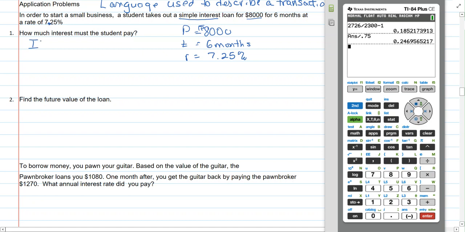Well, that means I equals PRT. Now we notice that 6 months must be changed to parts of a year. So that's 6/12 or 0.5, one or the other. Okay, so we want the interest on 8,000 borrowed, the rate, and make it into a decimal.